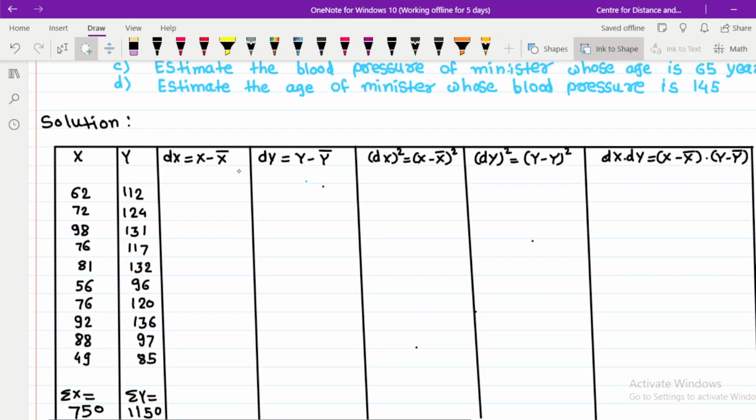Here we get, for x equal to 62, dx is equal to minus 13. Then the value of x is 72, therefore we get dx is equal to 72 minus 75, minus 3. Then 98 minus 75 is equal to 23.